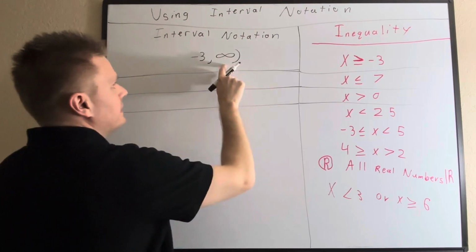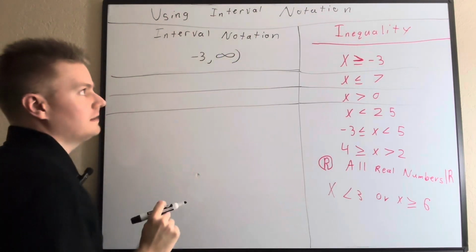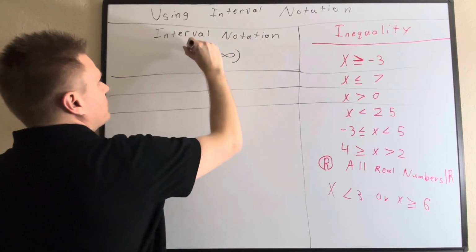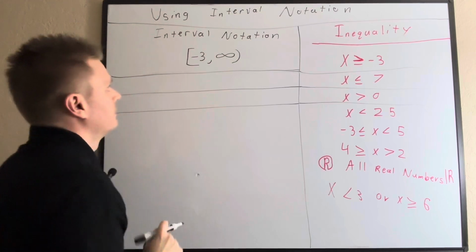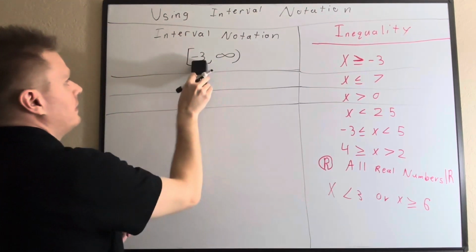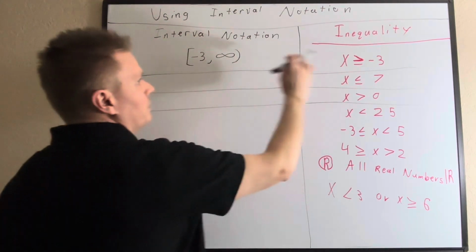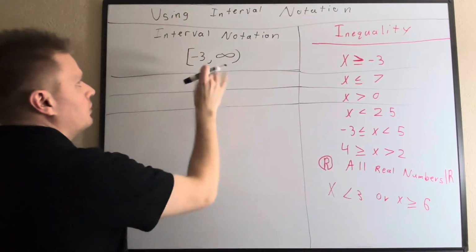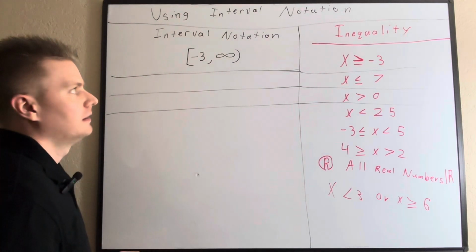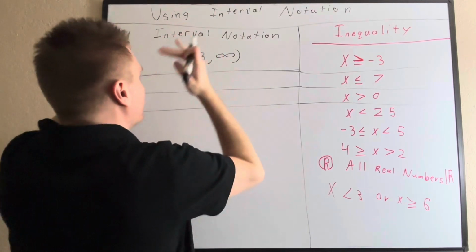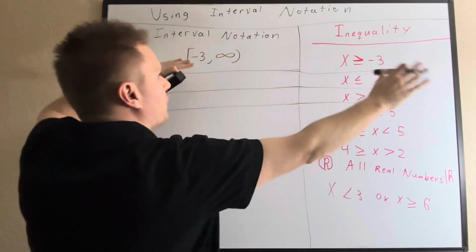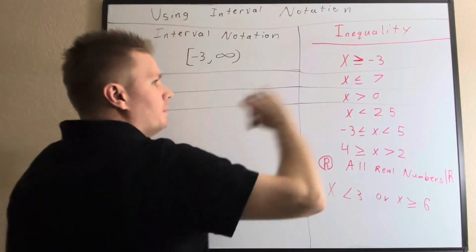And we put parentheses whenever we do infinity. But if we're including the negative 3, we put a bracket. And that's just a different way of writing that. It's just a quick way. It kind of helps you picture, okay, we're on the number line and we're going to the right. All the numbers to the right, which is all the bigger numbers.